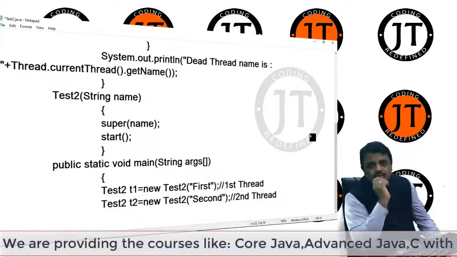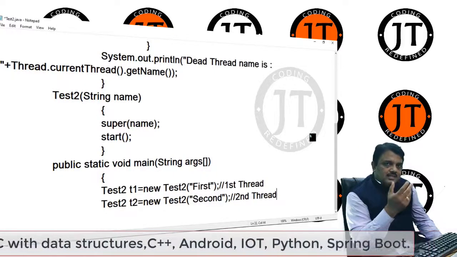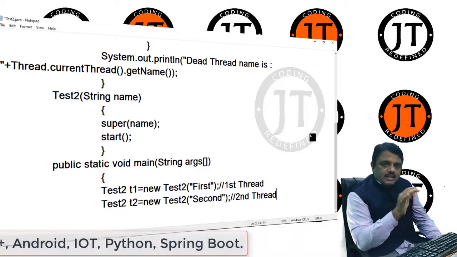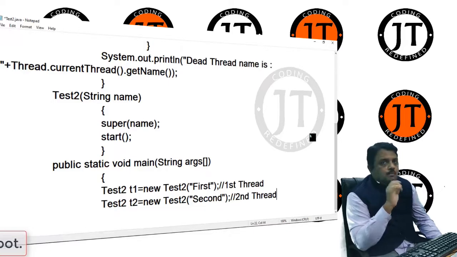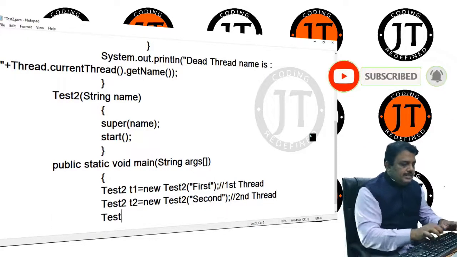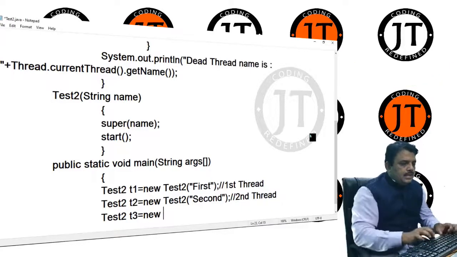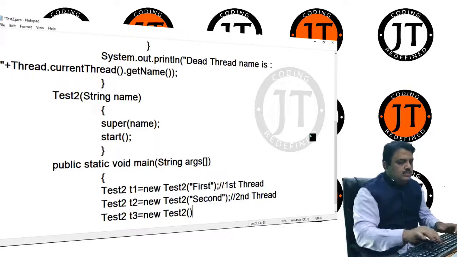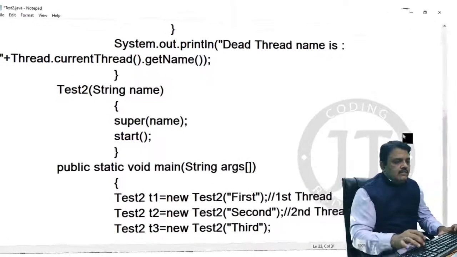Listen to one thing. When I create the child class object, it is also an object of the base class. Who is the base class here? Thread. Because inside the child class constructor, I use the super keyword, and super explicitly calls the base class constructor. Now I write Test2 t3 = new Test2 and I give the thread name, third.